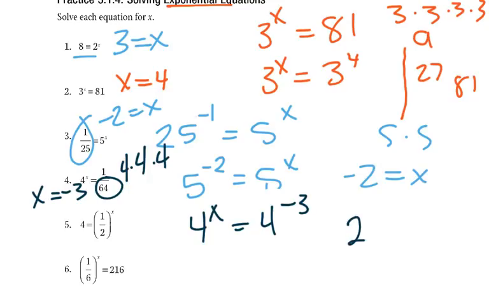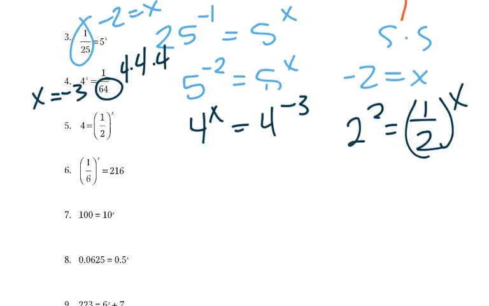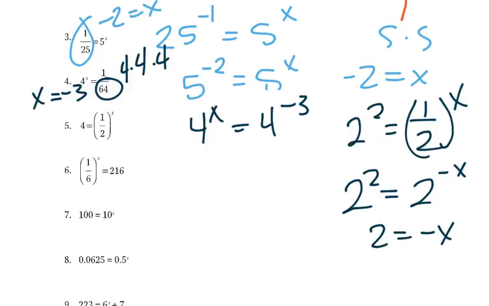So 4 is like 2 squared, equals 1/2 to the x. That's like 2 to the negative x. So 2 would equal negative x, which means negative 2 equals x.